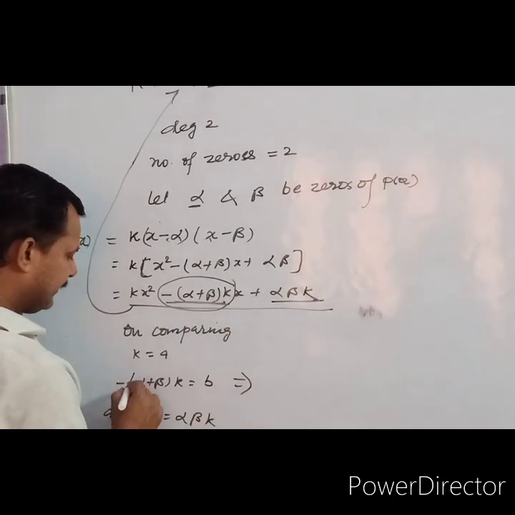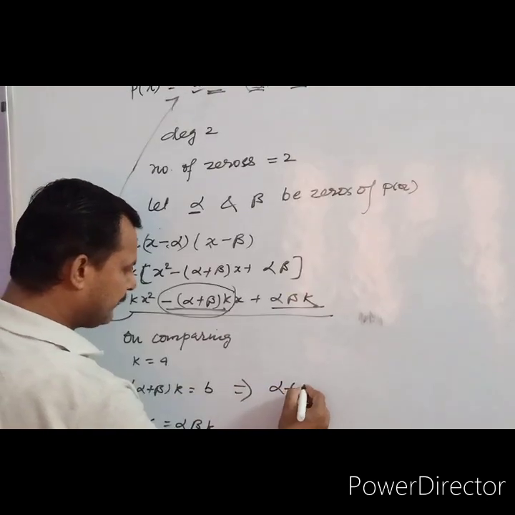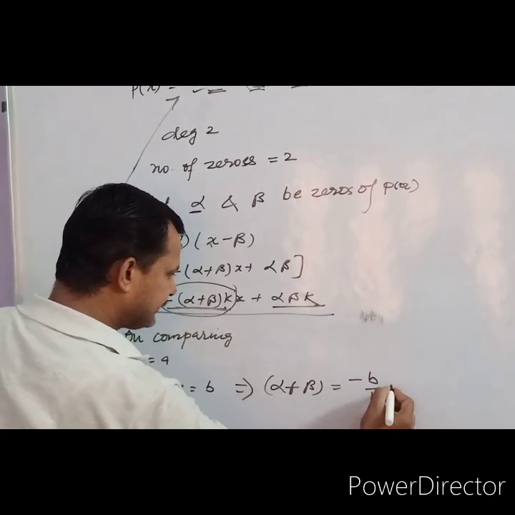So from here, if you transpose k to that side, alpha plus beta is equal to minus b by k.